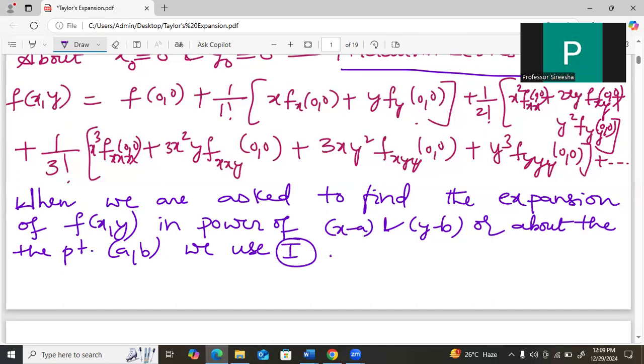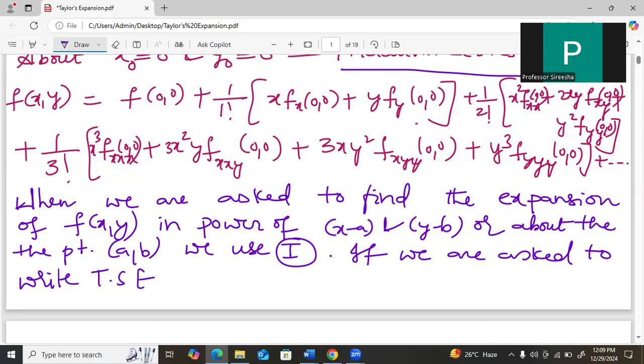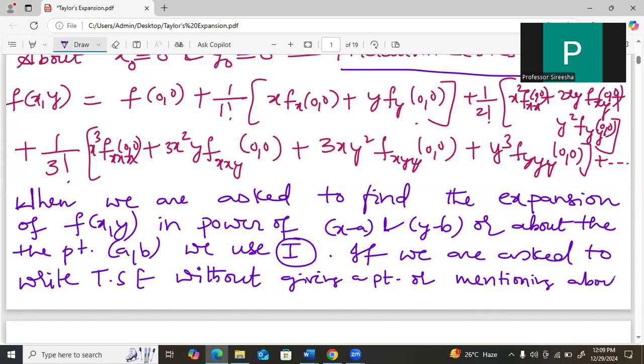If in the question we are asked just to expand, if we are asked to write Taylor's series expansion without giving any point or mentioning about powers of x and y, we go with the second formula.